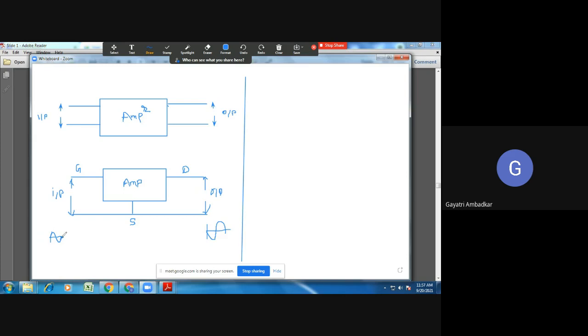Okay, if I plot this signal with respect to t, suppose you are applying 1 millivolt at the input, that is 1 into 10 raised to minus 3 volt. So you may get the signal here of 1 volt, where 1 millivolt has been amplified to 1 volt. So this is voltage, or I'll say this is amplitude, and this is time.